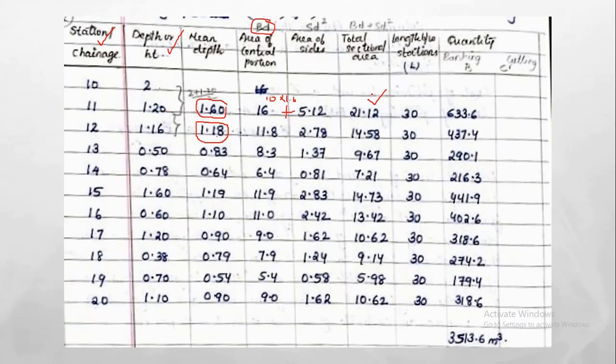So multiply 21.12, the area, by 30, the length, and area multiplied by length gives the volume. In this manner, complete all the entries. Then taking the sum will give you the total quantity.